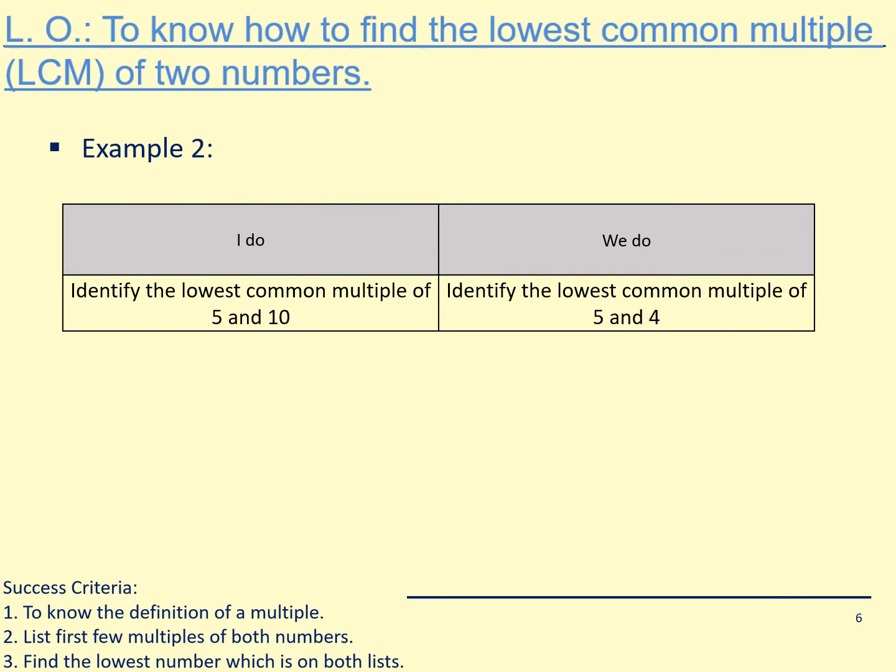Example 2. Identify the lowest common multiple of 5 and 10. Again, I will list multiples of 5, so numbers from the 5 times table. And now multiples of 10.